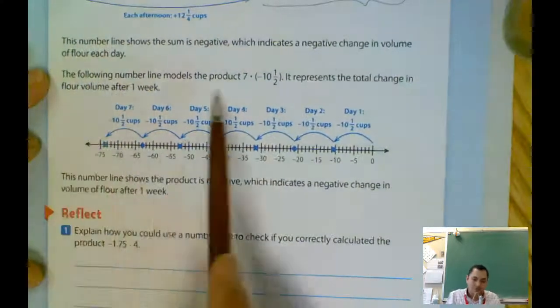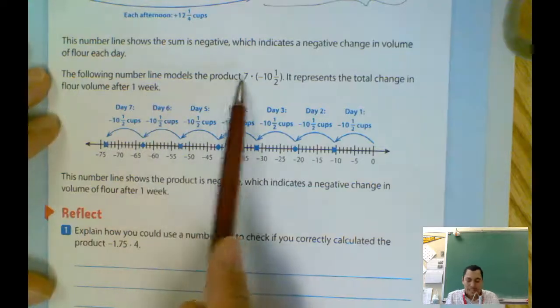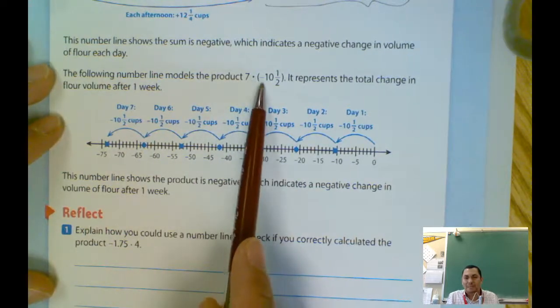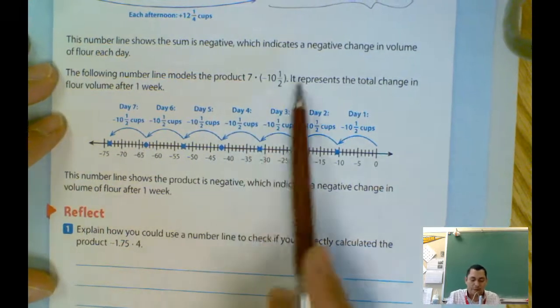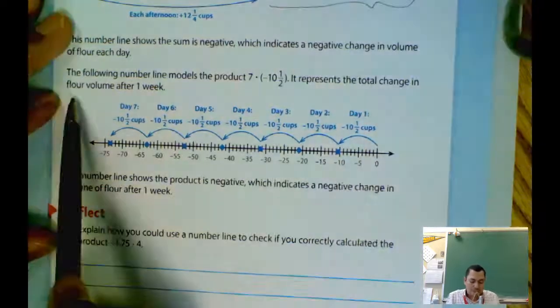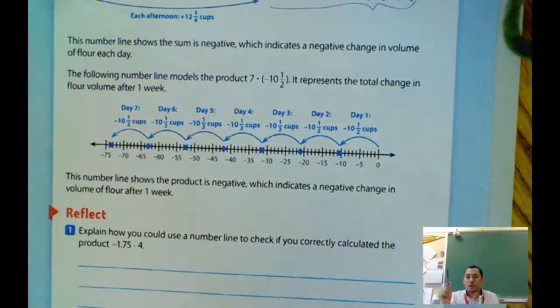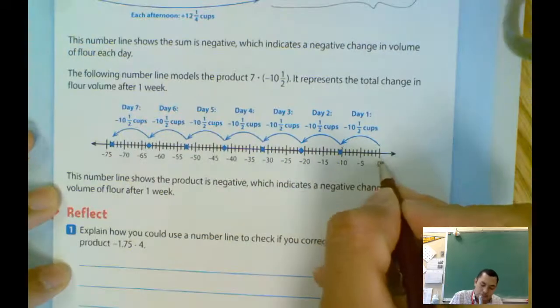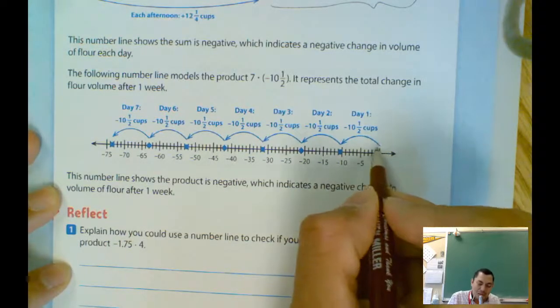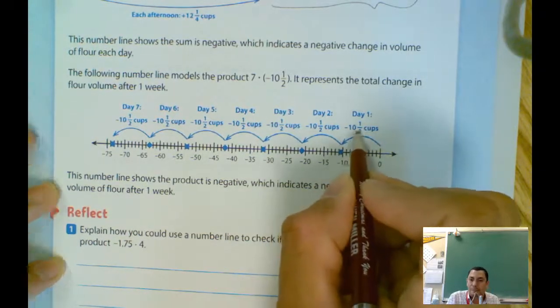So the following number line represents the product of 7 times negative 10 and 1/2. It represents the total change in flour volume after 1 week, 7 days. So what happens? We start at 0. Then we change negative 10.5 per day.